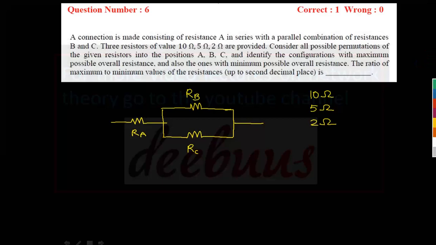Consider all possible permutations of the given resistors into the positions A, B, C and identify the configurations with the maximum possible overall resistance and also the ones with the minimum possible overall resistance. The ratio of maximum to minimum values of the resistances is, right?